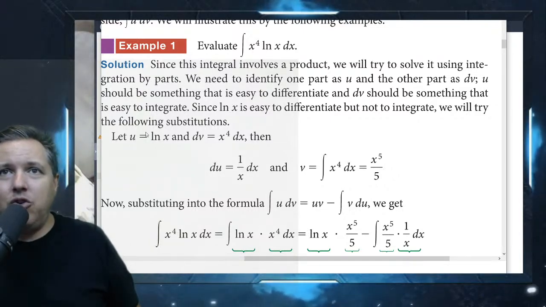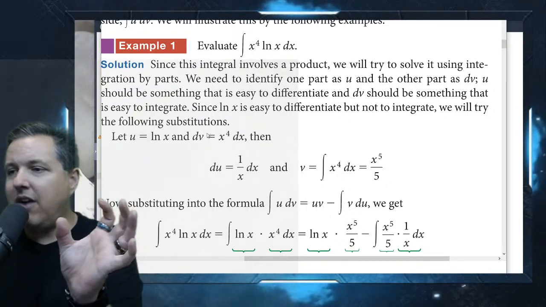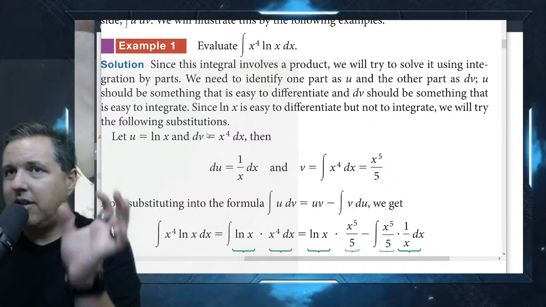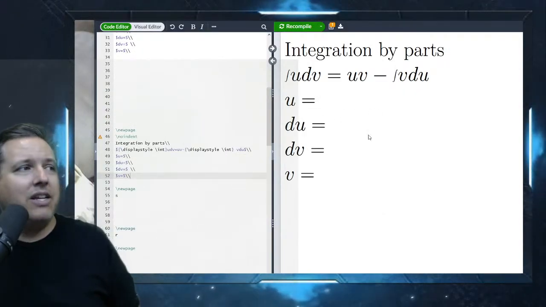So they're saying we'll let u be natural log of x. That means dv has to be whatever's left over. So if u is natural log of x, the leftover is x to the fourth dx. Once you've picked u, everything else is determined. But there are 4 pieces, and I would encourage you to write them down. See how I did here?